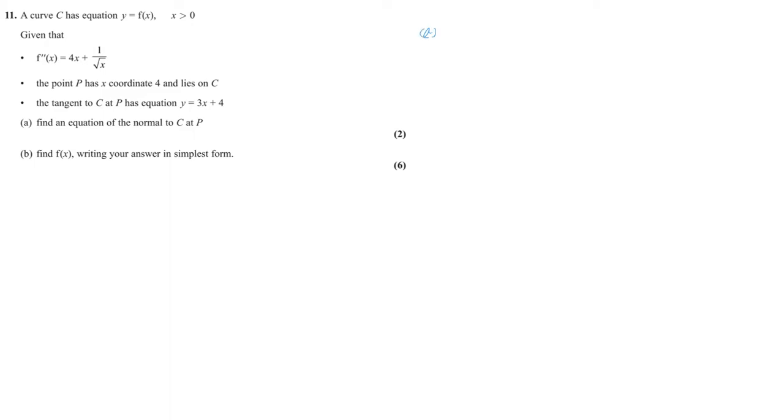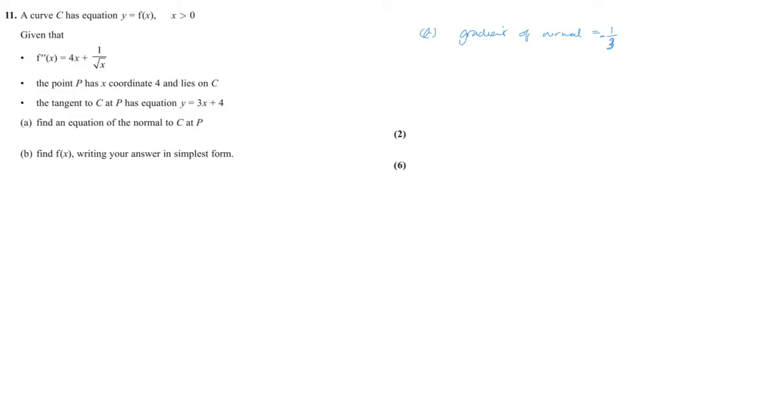So part A says find an equation to the normal to C at P, but the tangent to C at P is this equation. So that means the gradient of the normal is going to be minus 1/3.